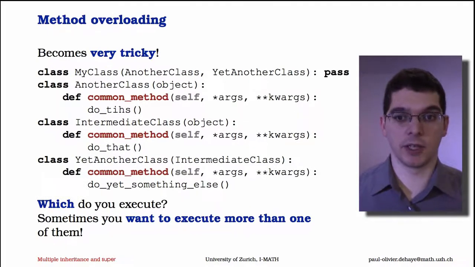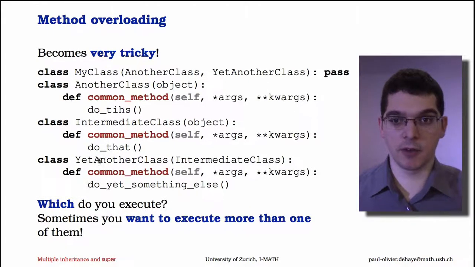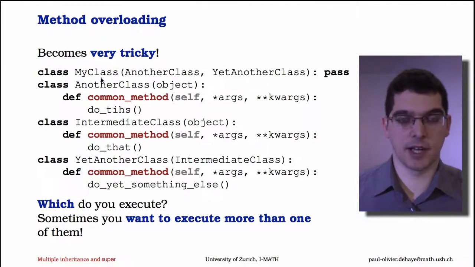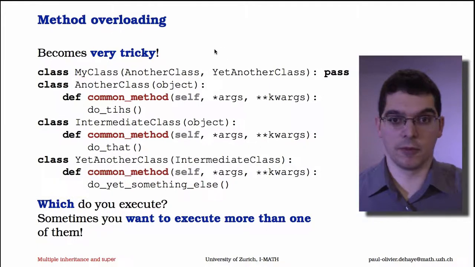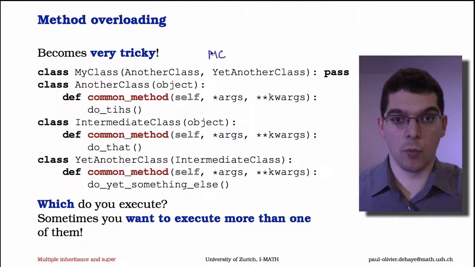Method overloading becomes very tricky. So if we have a common method that is not defined on myClass, but is defined on another class, an intermediate class, and yet another class, then we're in trouble, right? Because we don't know which one to actually execute.